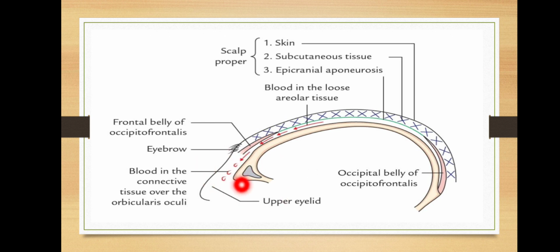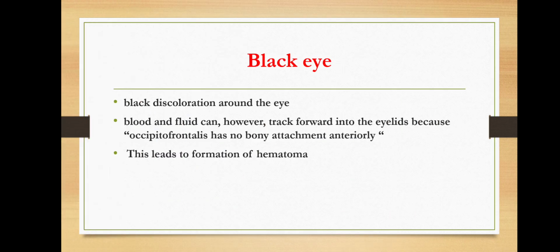So there will be a blackish discoloration around the eye, which is known as black eye, right? Blood and fluid can track forward into the eyelids because occipitofrontalis has no bony attachment. This point you should mention in the black eye. Next, this leads to formation of hematoma.